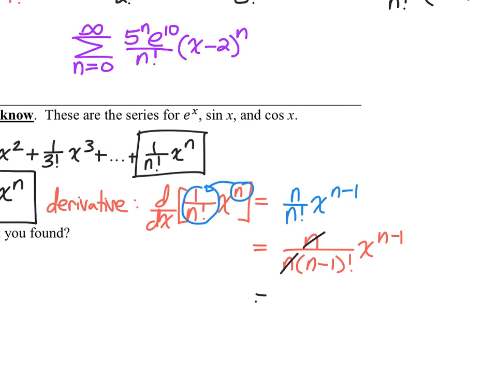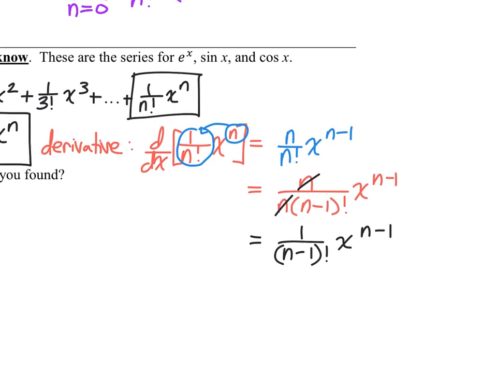So we'd be looking at 1 over n minus 1 factorial x to the n minus 1. Now, if I were to create new bounds for that, because my old bounds aren't going to work, if I plug in a 0 for n, I'm going to get -1 factorial. I'm also going to get -1 as my power. The -1 as a power is not a big deal, but the -1 factorial is going to break the whole thing. So what I would do is adjust my bounds.